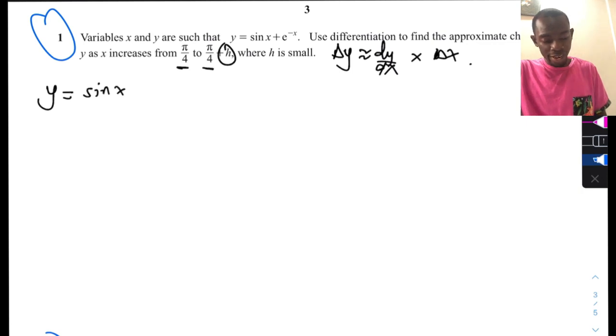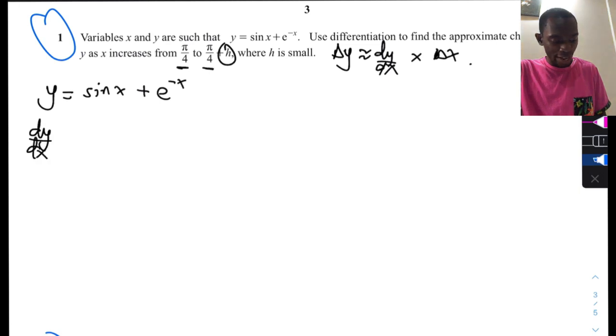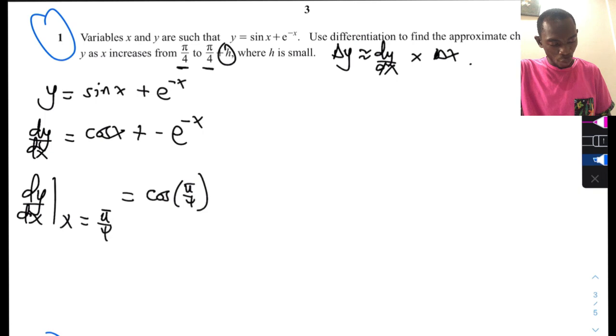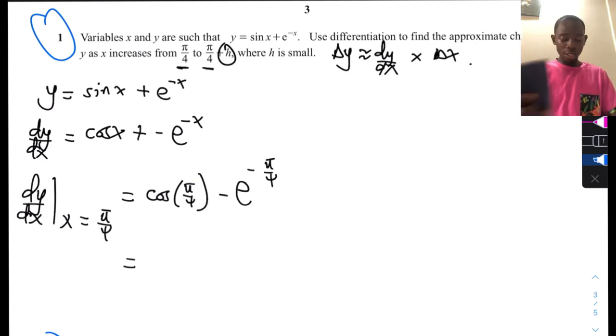So y is equal to sin x plus e to the power negative x. That would mean that your dy/dx will be cos x plus negative e to the power negative x. Okay, now what you really want is the initial value. So dy/dx from the beginning, when x is pi on 4, would be cos pi on 4 minus e to the negative pi on 4. And what does the calculator say?